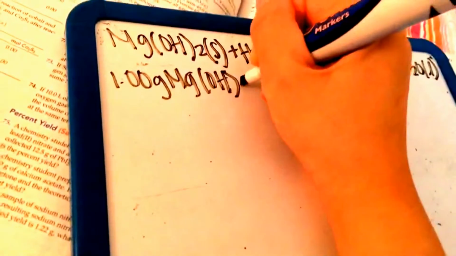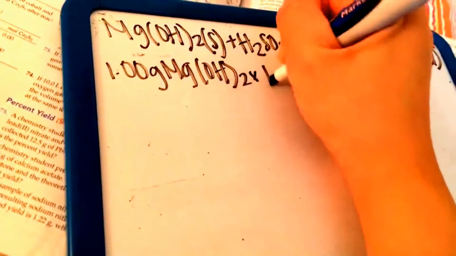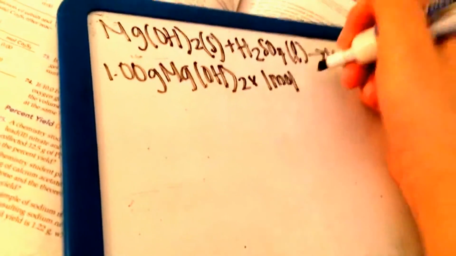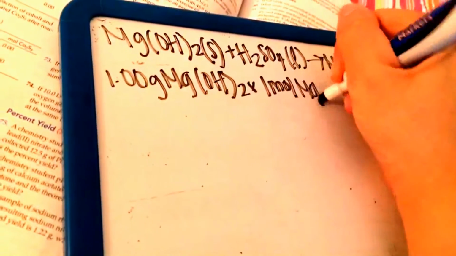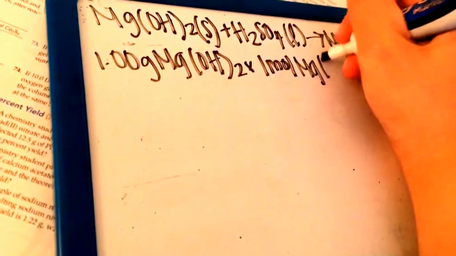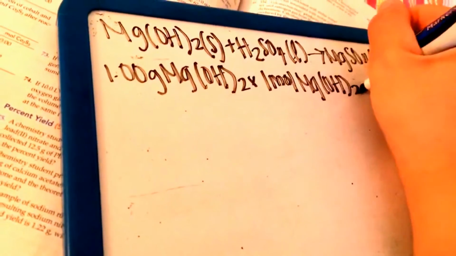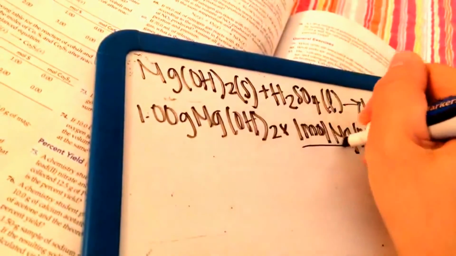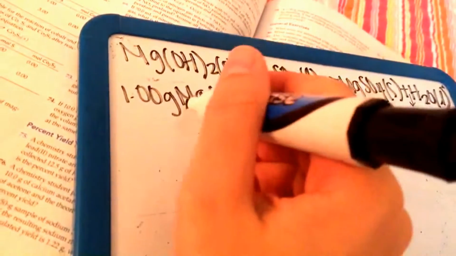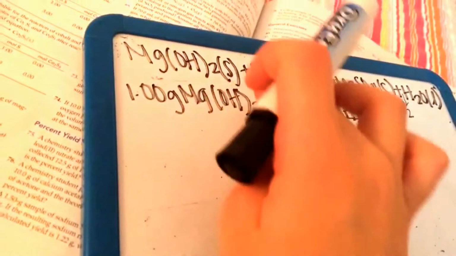So we're gonna start out with 1.00 grams of Mg(OH)2 times 1 mole of Mg(OH)2 over the mass of this.